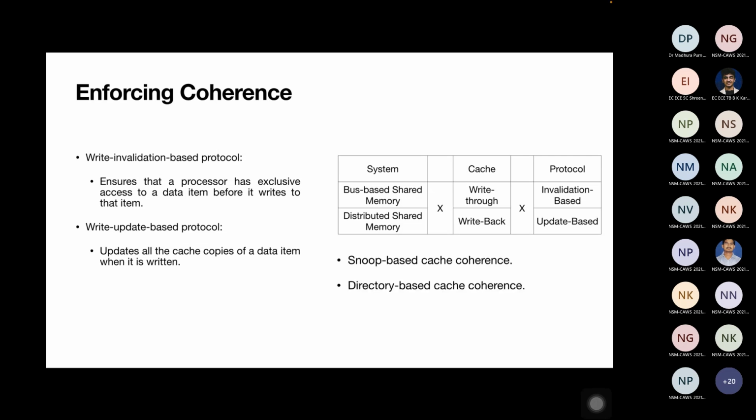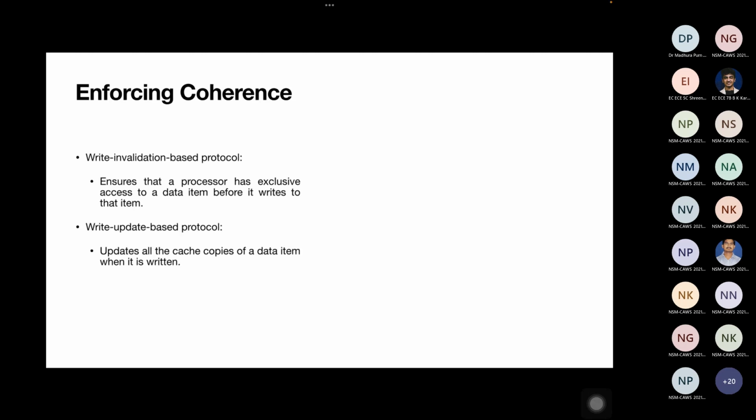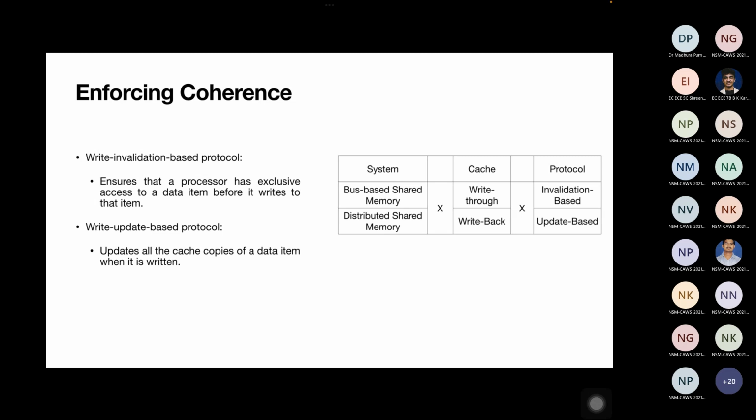So again, now we'll consider one of these 8 classes. Let us consider one particular case: write-through caches and a bus-based system, and we'll see what is going to happen here with this example. So write-through caches with an invalidation-based protocol, and the cores are connected by a common bus. Now, if you see here, private caches are there, and the shared cache and main memory.